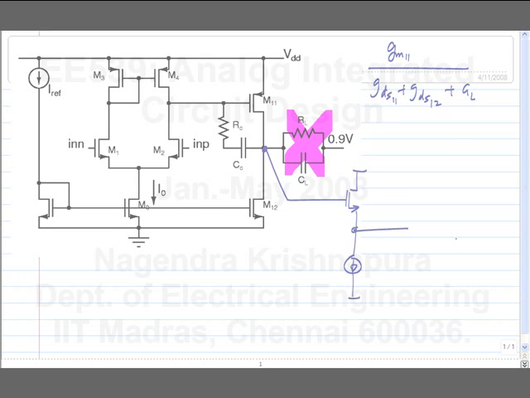What is the swing of this? It definitely reduces because this can go up to VDD minus VD sat 11. So, this can go up to that minus VGS. So, you are losing a lot of swing.